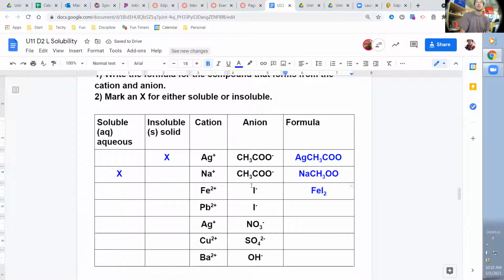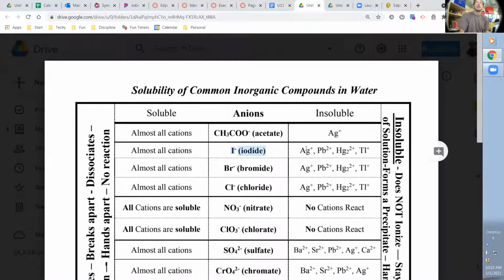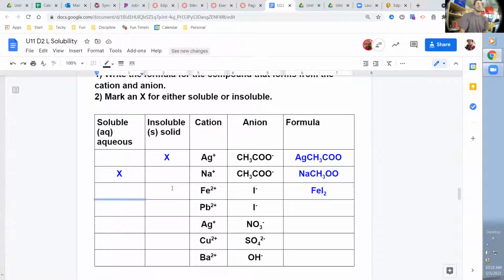So on the solubility chart, let's look at iodide and see if iron is in the insoluble column or the soluble column. Let's find iodide. That's the next one down. Here it is right here. And if you can see, iron is nowhere to be found in the insoluble column, which means iron belongs in the soluble column. So iron iodide is, you guessed it, soluble. And that's how this chart works.